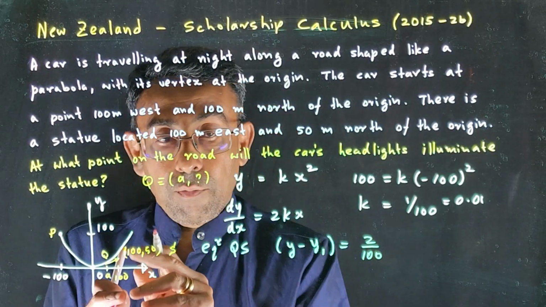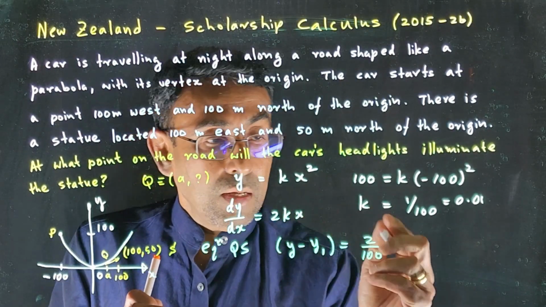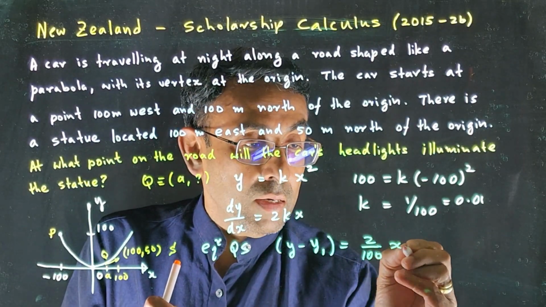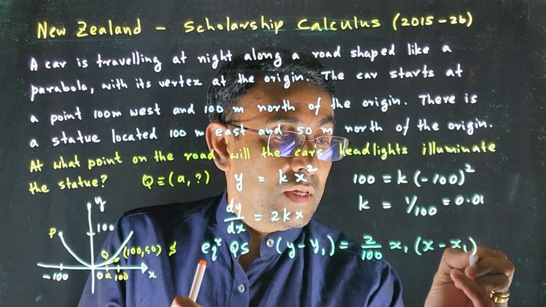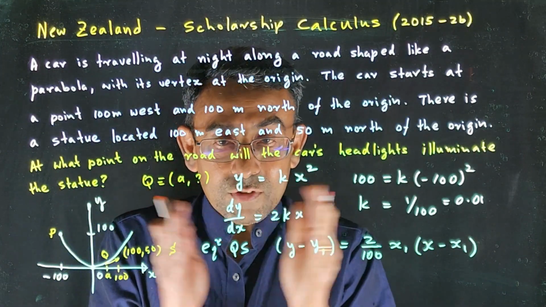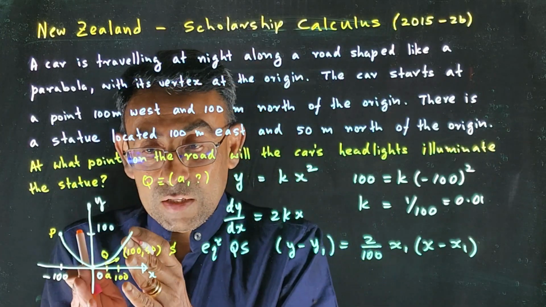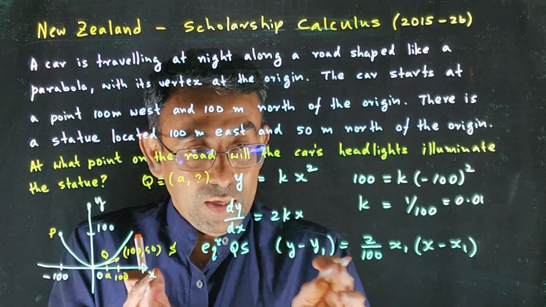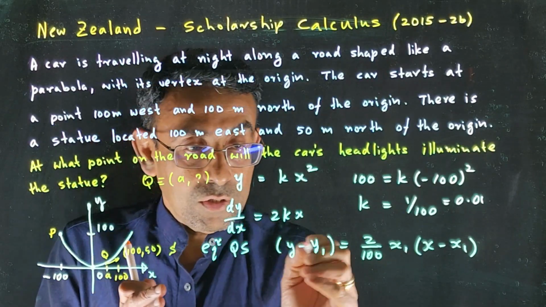x is the coordinate of this point, x1, so x minus x1. It's an equation that you should simplify. I'm not going to simplify it fully. If you know x1, the x1 coordinate is now a, because this is the coordinate of A, so you just put a.